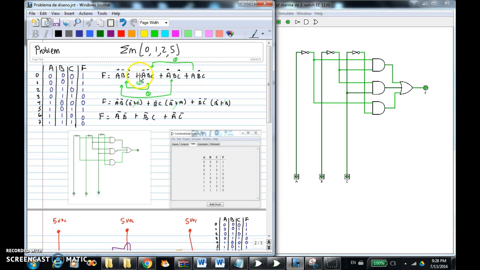Plus the second one is A inverting, B inverting, C. The third one is A inverting, B, C inverting, and the last one is A, B inverting, and C. So there are 4 minterms in the output, right?